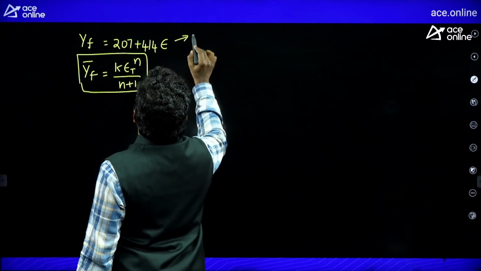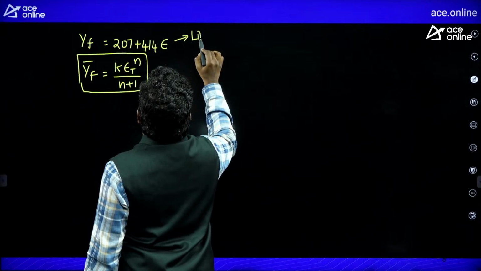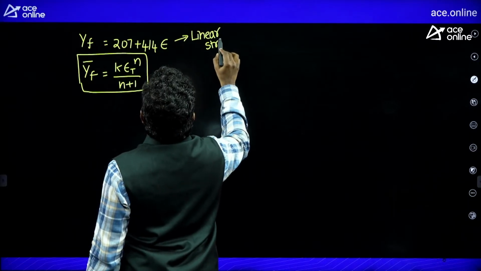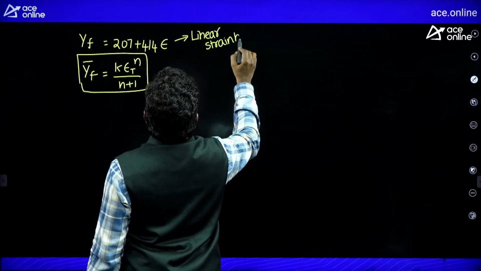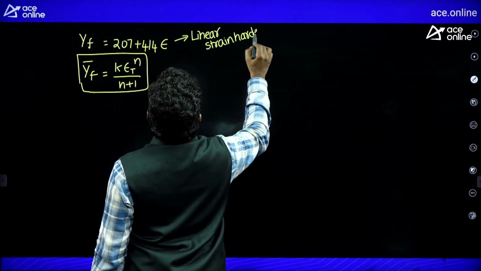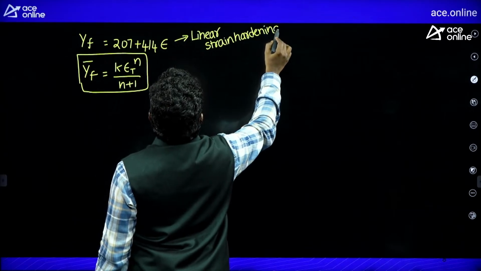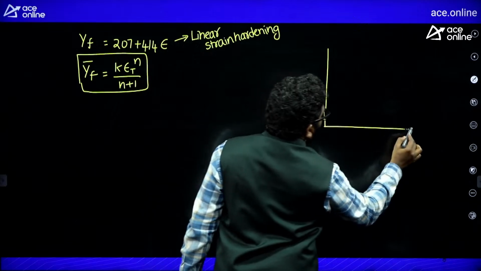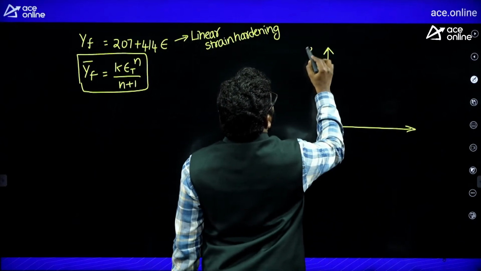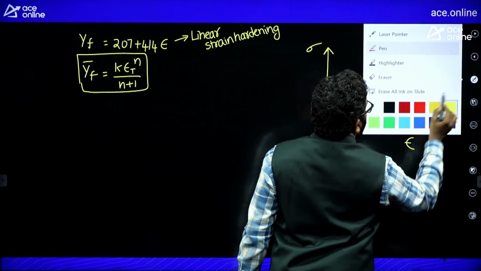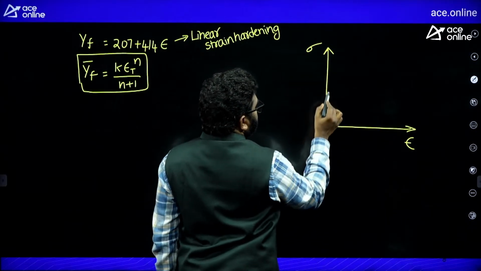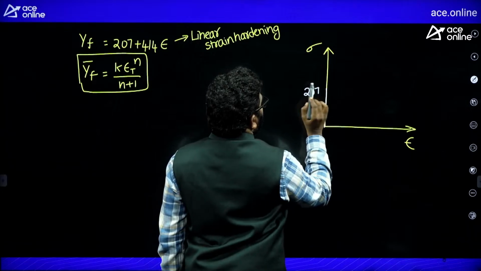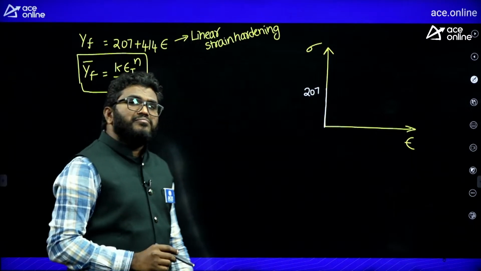But in this question, the curve given is actually linear strain hardening. This is a linear strain hardening equation given in the question. So for a linear strain hardening equation, let us consider the stress strain curve. Up to 207, there is no deformation in the material.